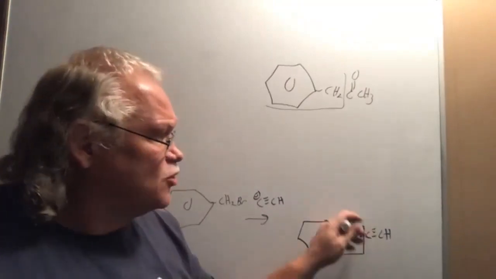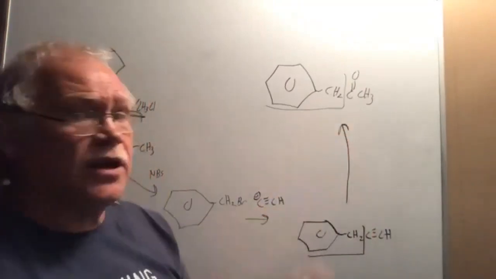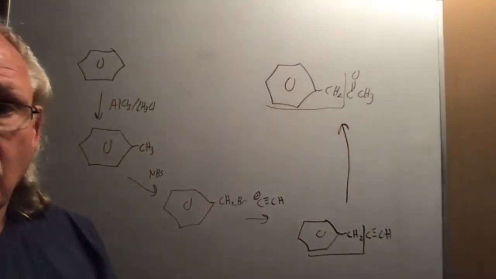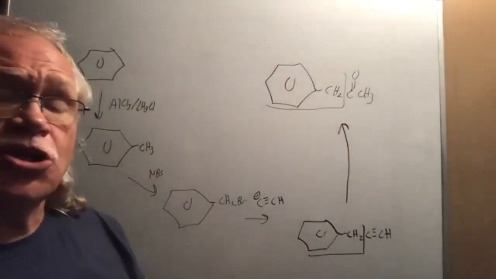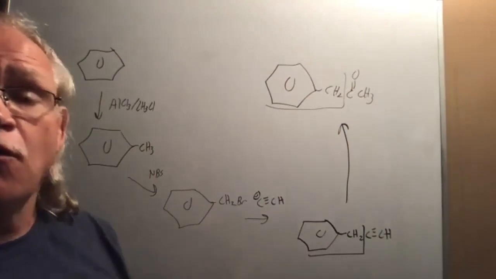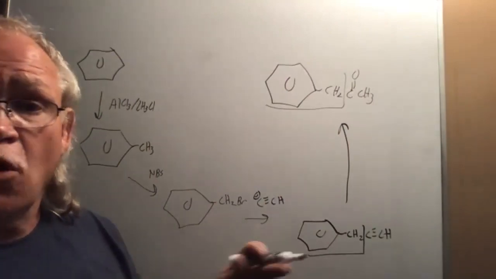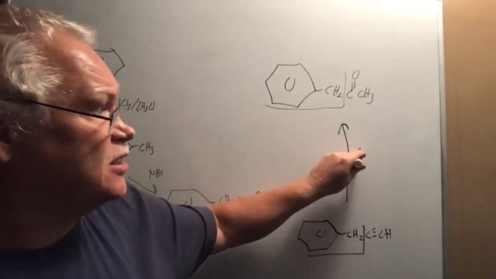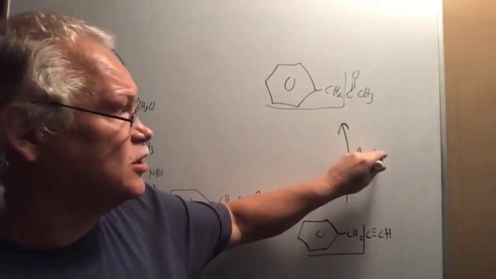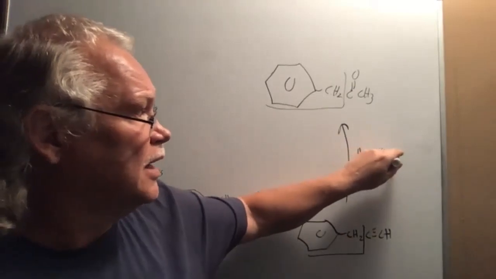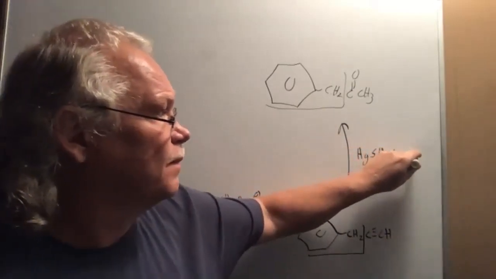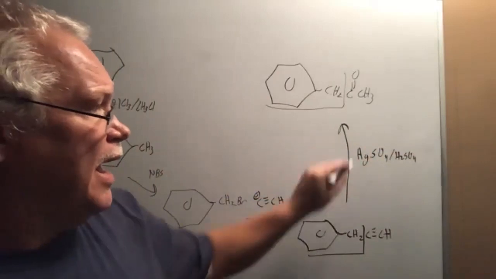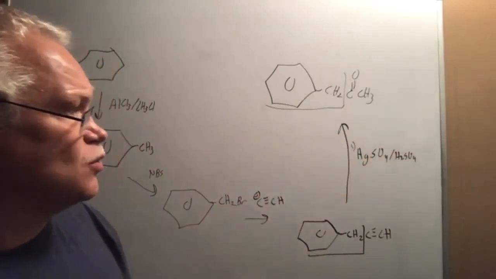How can I take a triple bond and turn it into a ketone? And there were two reactions in chapter 9 that keep coming up over and over again. One is the mercury reaction and one is the boron reaction. And I think this compound was actually mercury sulfate in sulfuric acid in step 1. And I think step 2 was what?